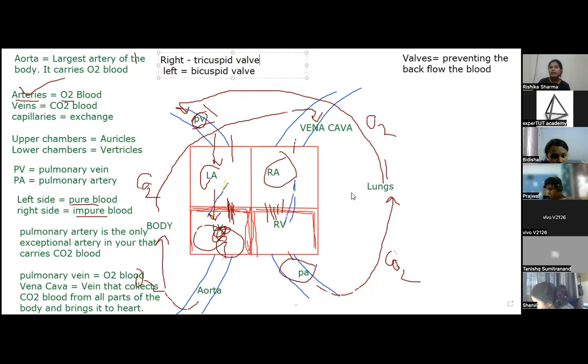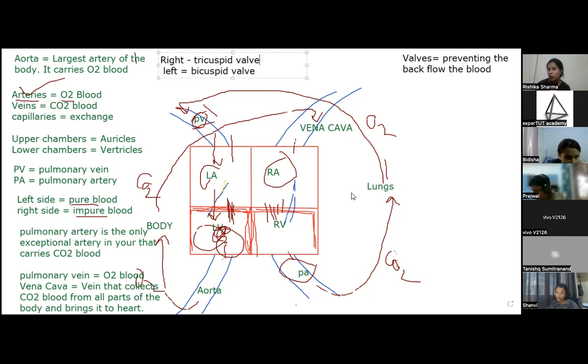Now, why do you think that the right side has the tricuspid and the left side has the bicuspid? Why is it that the left side has only 2 doors and the right side has 3? Blood has to come from the auricle into the ventricle; both sides could have had 2 or both could have had 3. Why is it that one side has 2 valves and the other has 3? Yes, Shanvi. In the left side, they have for the upper body and the lower body.